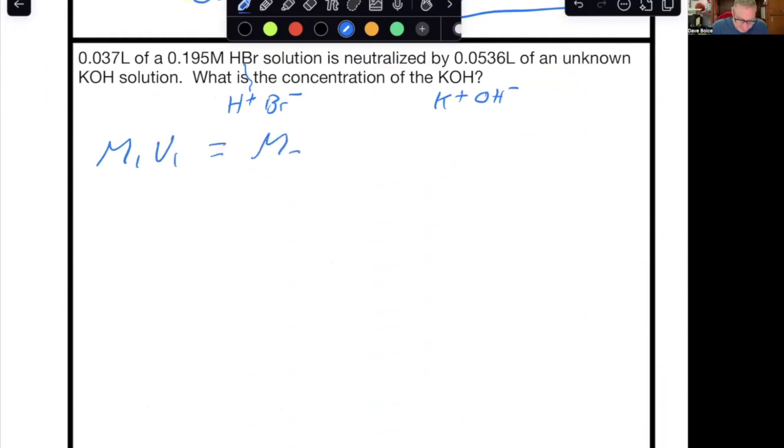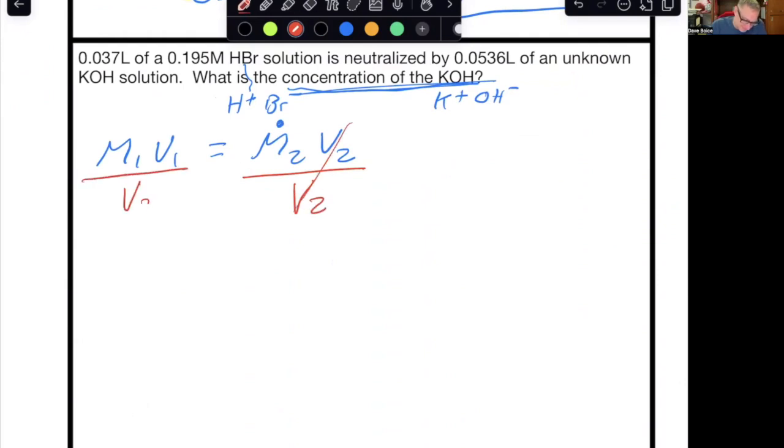equals M2V2. Now, again, I'm wanting to solve for the same thing, the concentration of my hydroxide. So this is what I want to solve for. And so to do that, I'm going to divide both sides by V2, which will cancel on this side.